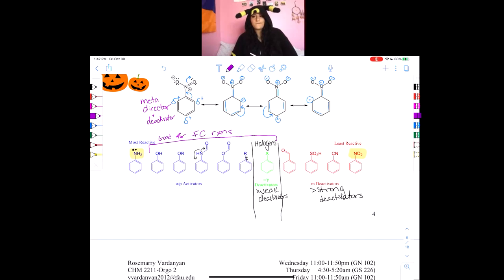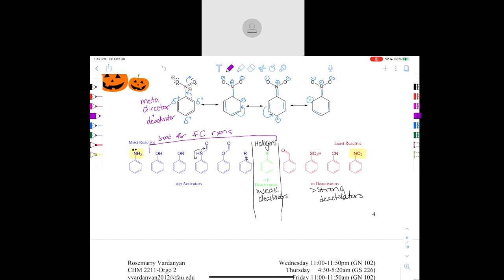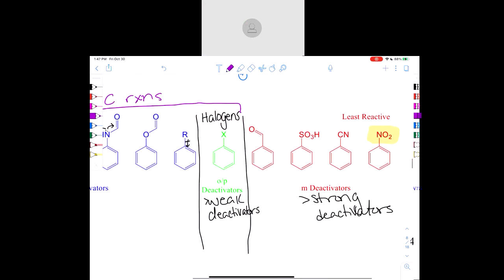I have a question. Yes, go ahead. So, like on the least reactive side, like the one closest to the halogens, could you say that that's the weakest deactivator or no? So that's what I almost accidentally said.